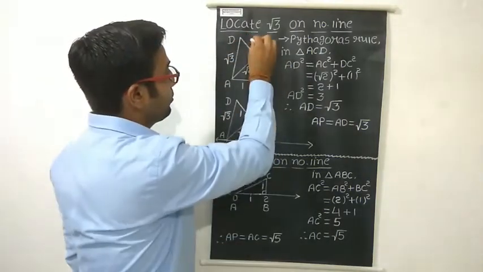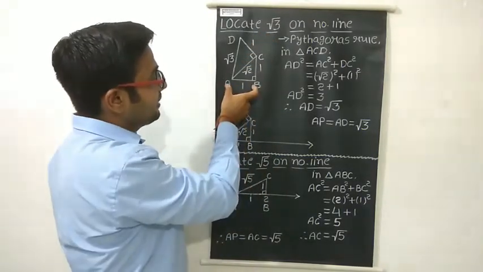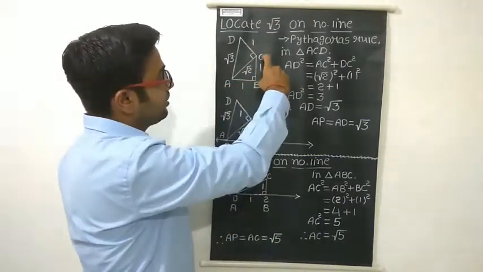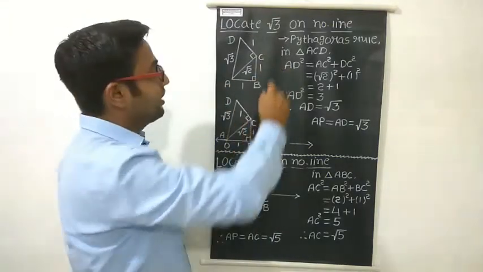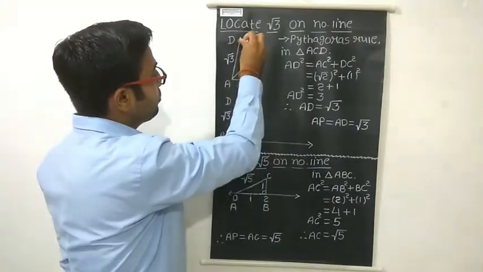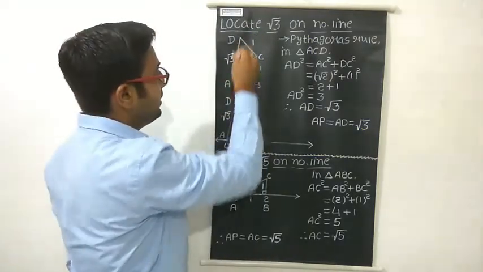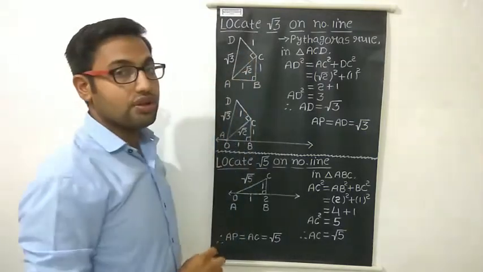That is also the same unit of 1. If you have taken 1 inch, BC is 1 inch and CD you have to take is also 1 inch. Now join this point D to A, right? And this DA will become your root 3.